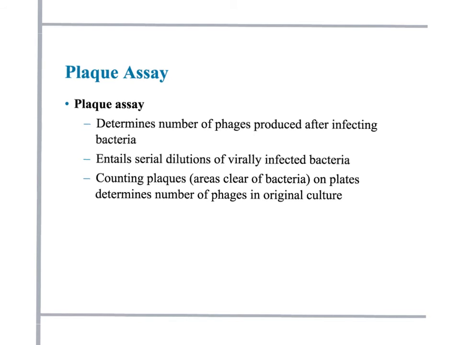That's much like those 3 petri dishes we saw, where the slow growing one is actually a watered down, or diluted, version, and it makes counting easier. So after you dilute your infected bacteria, you want to count the plaques, which are areas clear of bacteria. So you want to count the plaques on plates and determine the number of phages in the original culture.